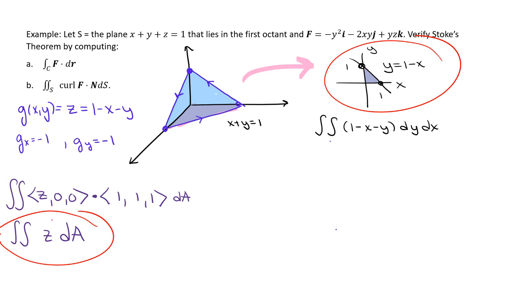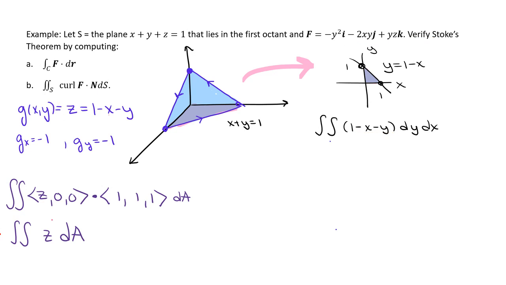So two things I have to do here to set up this integral and solve it. I want to use the equation of my surface to rewrite the function I'm integrating in terms of x and y. So I am going to substitute or plug in the 1 minus x minus y in for z. So I just replaced the z with 1 minus x minus y from that surface.